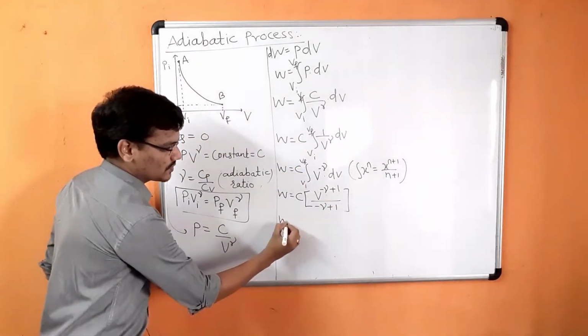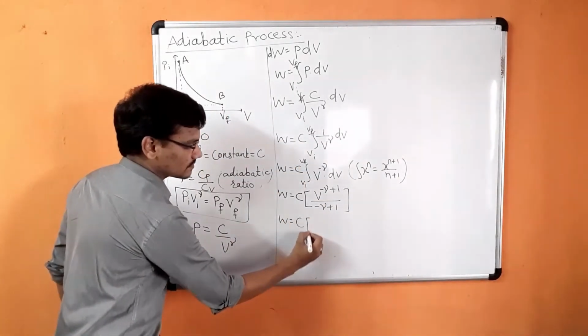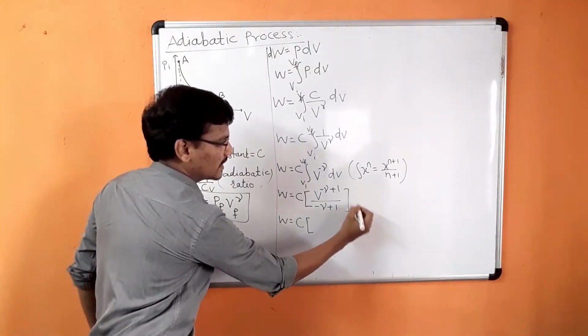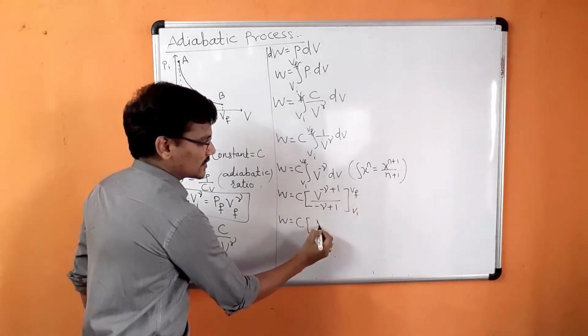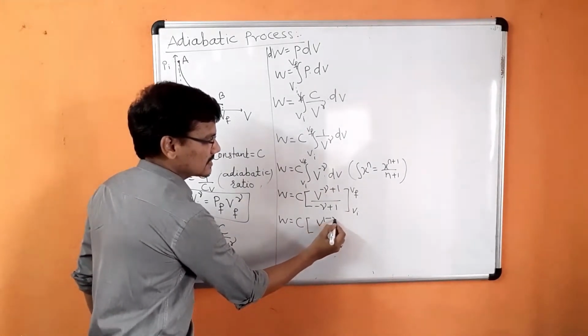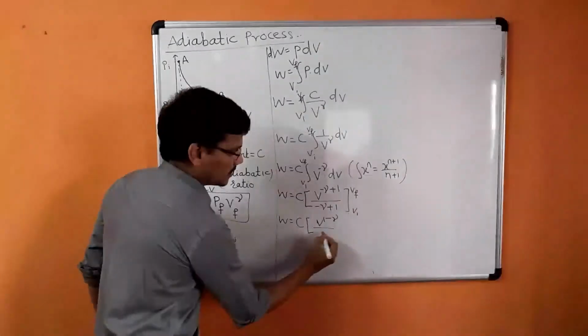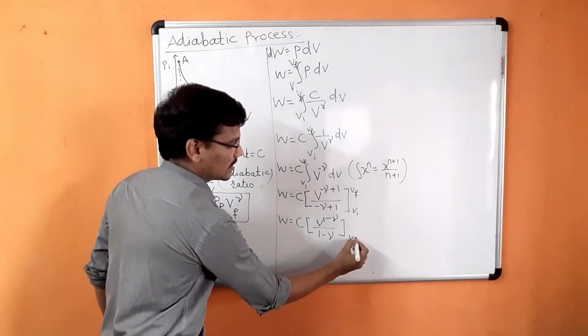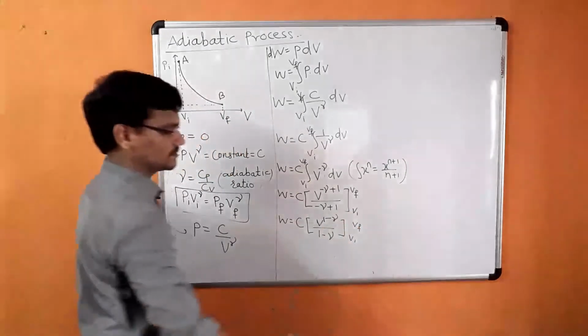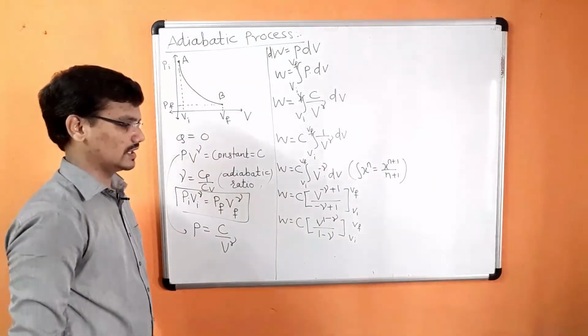Taking limits Vi to Vf, V raised to 1 minus gamma upon 1 minus gamma, from Vi to Vf.